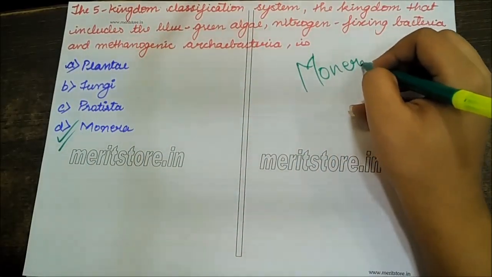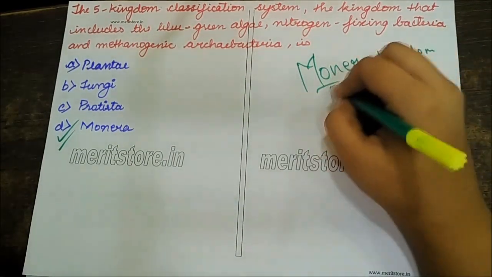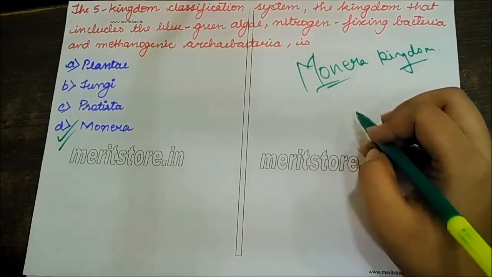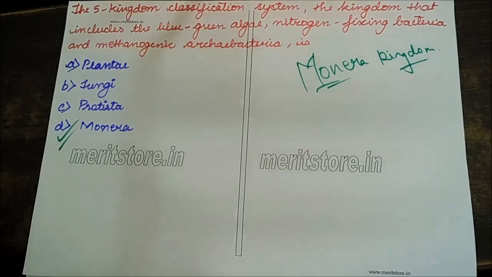Guys, the Monera kingdom is the most important in this whole chapter, so learn it properly. Let's come back to the question. So the Monera kingdom includes prokaryotes, mycoplasma, bacteria, actinomycetes, and cyanobacteria, or blue-green algae.